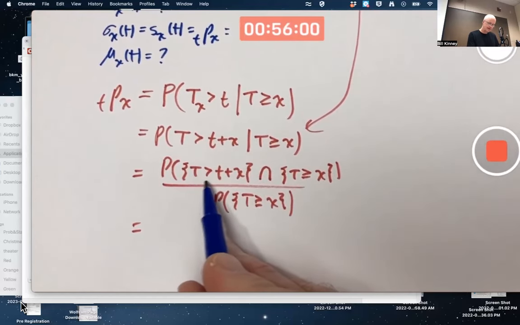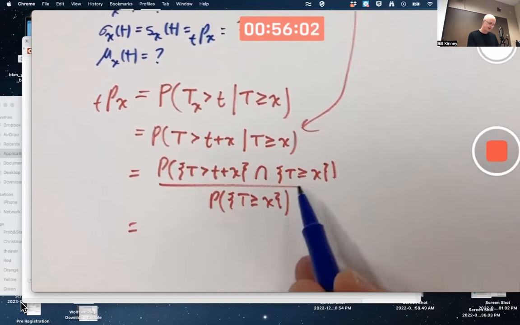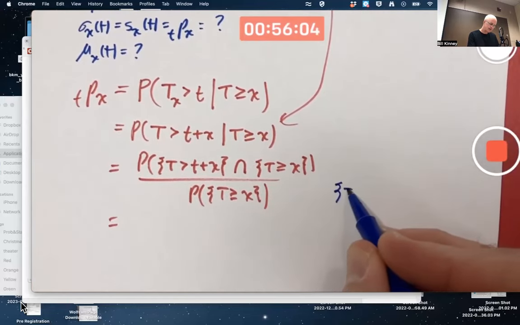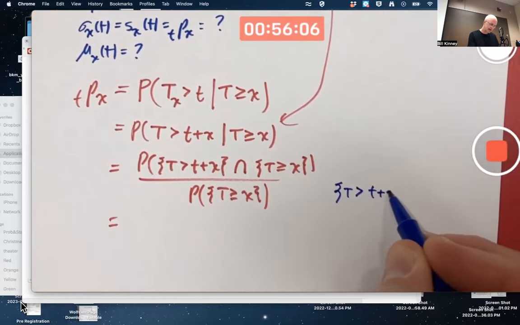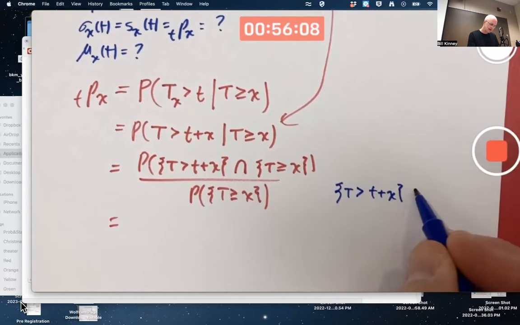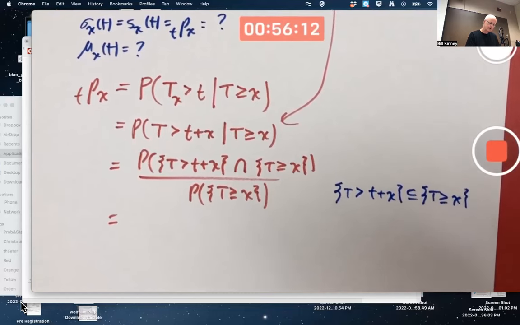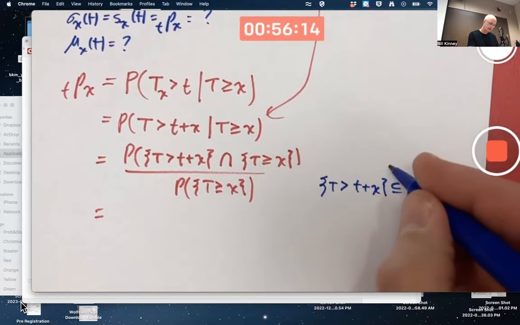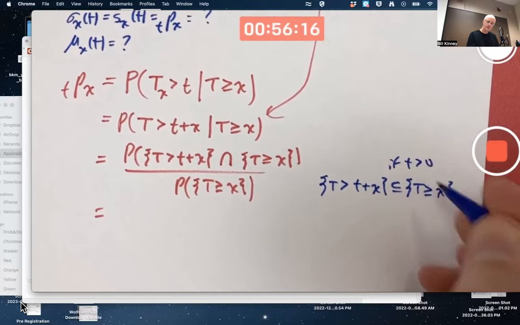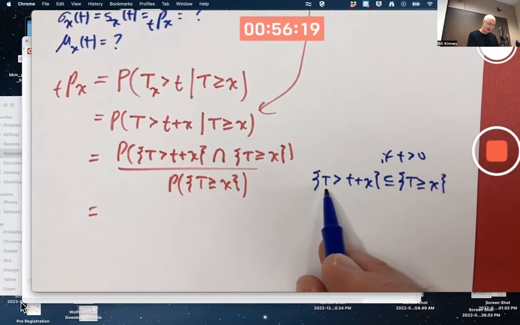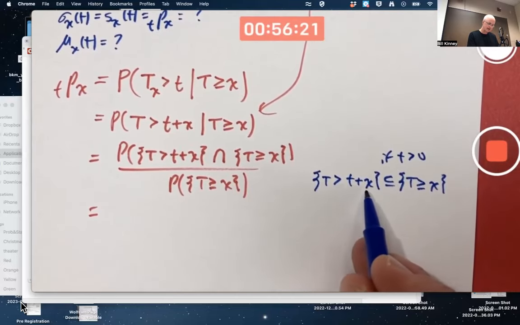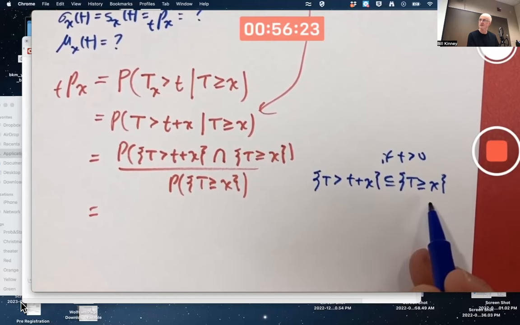However, this event is a subset of this event. The event that capital T is greater than t plus x is a subset of the event that capital T is greater than or equal to x, at least if t is positive. Because if the baby makes it past t plus x years, they've definitely made it past x years.